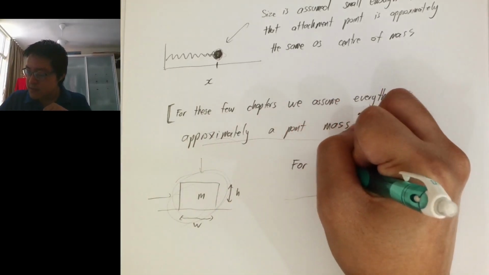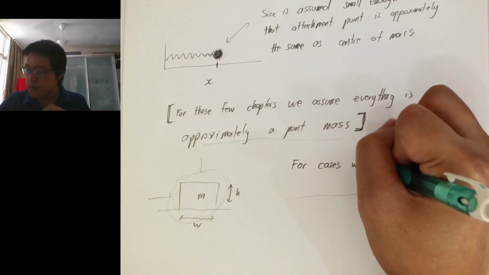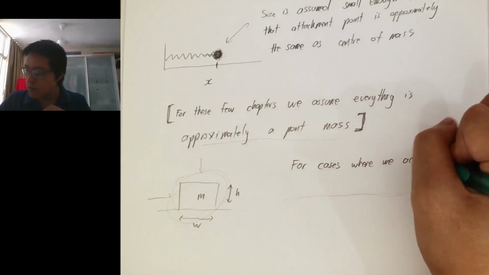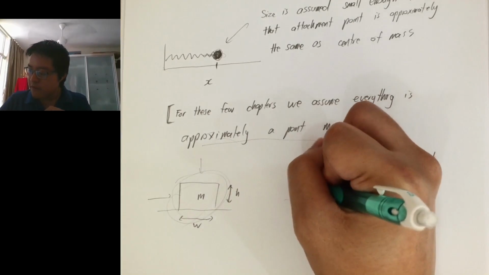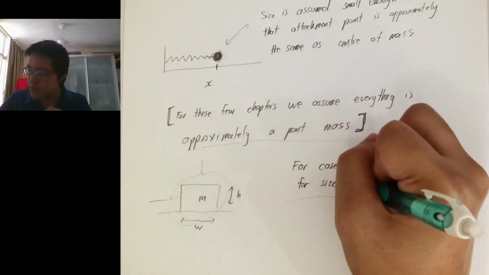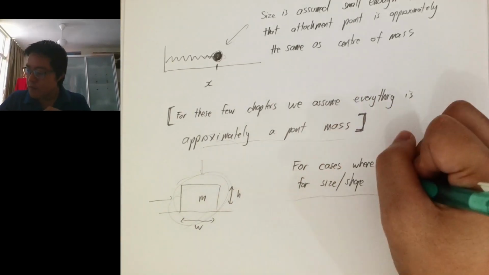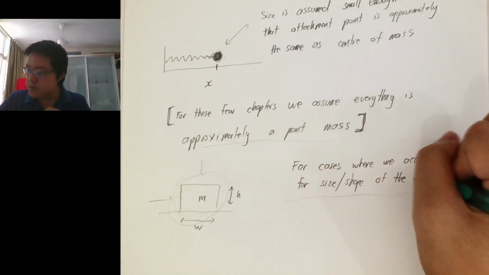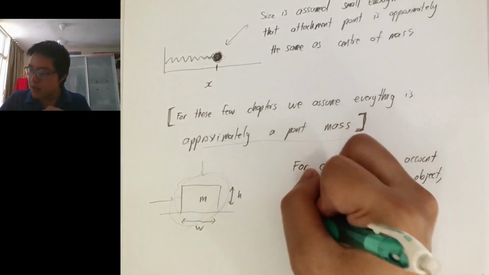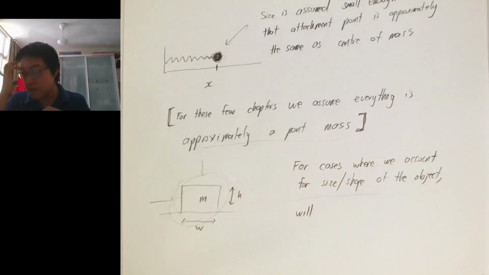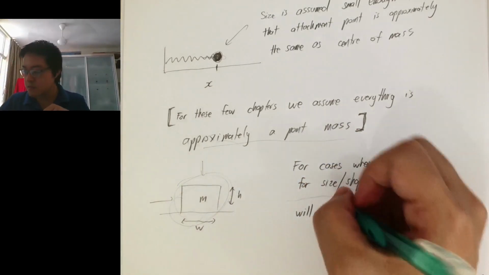Right now we treat everything as a point mass, and for cases where we account for the size and shape of the objects, we will cover this in the rotation chapter.